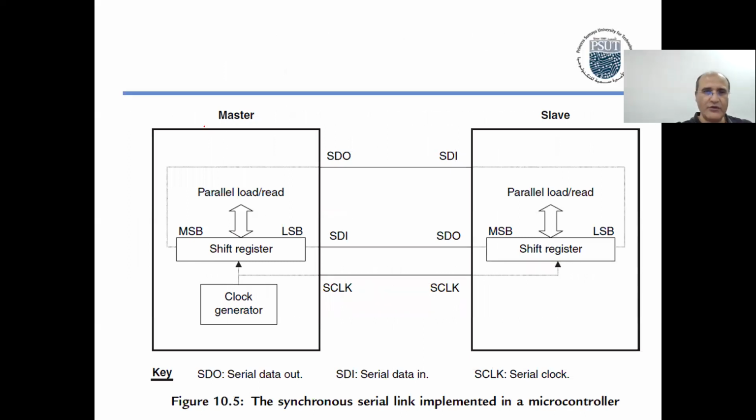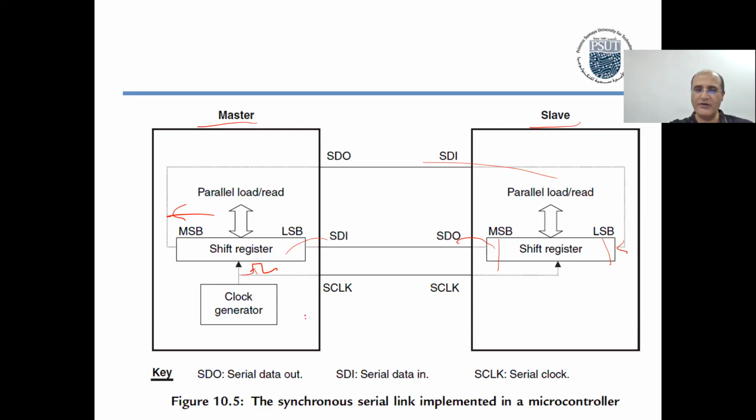This is how it looks. You have the master, microcontroller 1, and the slave, with serial data out connected to serial data in. The shift is this way. A clock generator on every rising edge shifts one bit out. The same clock will trigger this one to shift in. So the bit here is going to go out to be received here.